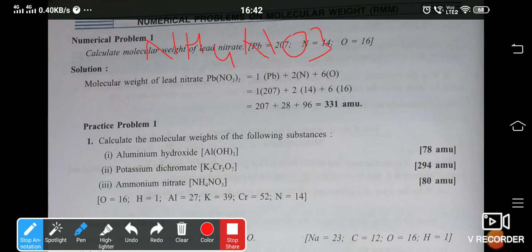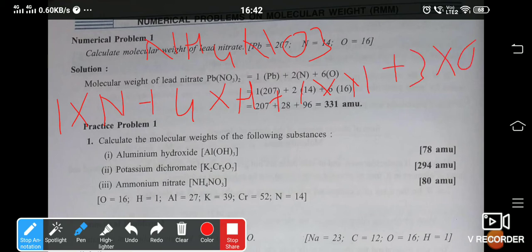And those who do not feel confident, keep on doing the simple steps. 1 into N plus 4 into H plus 1 into N again plus 3 into O. And those who are confident can combine this 1 into N and 1 into N. It will become 2 into N. Don't worry, the answer will come the same. So it will be 1 into 14 plus 4 into 1 plus 1 into 14 plus 3 into 16.